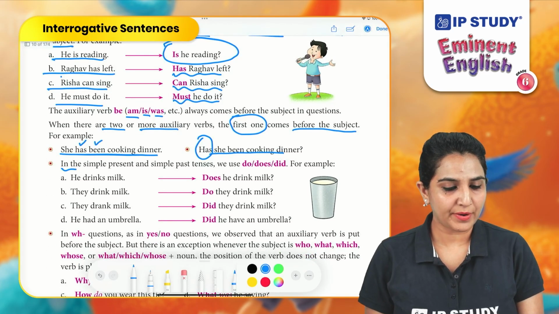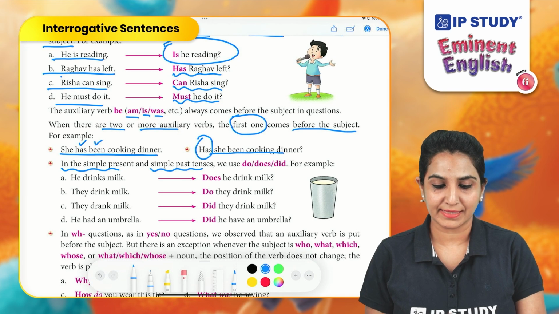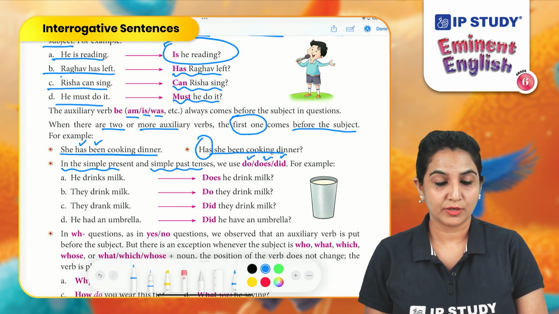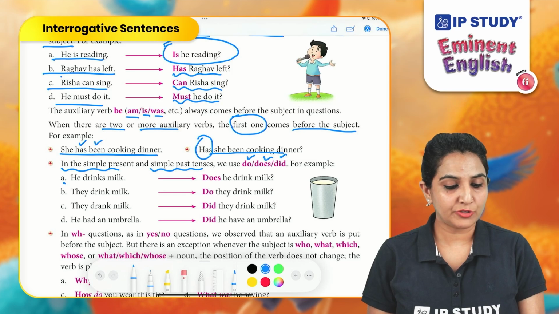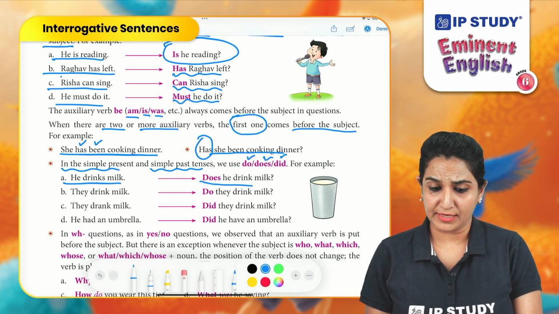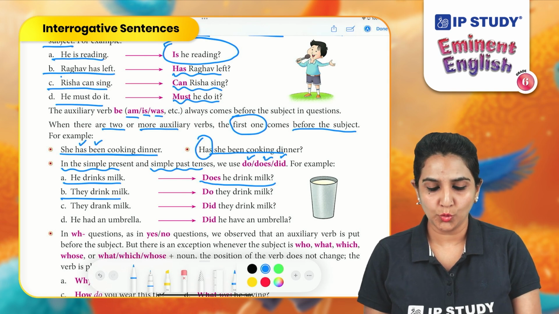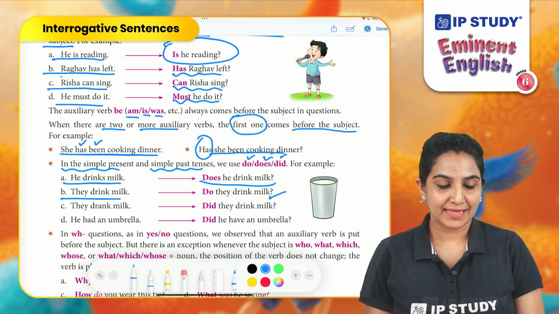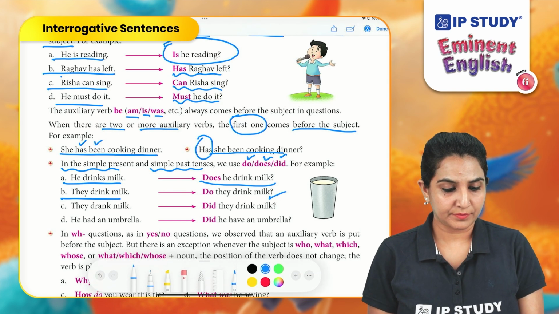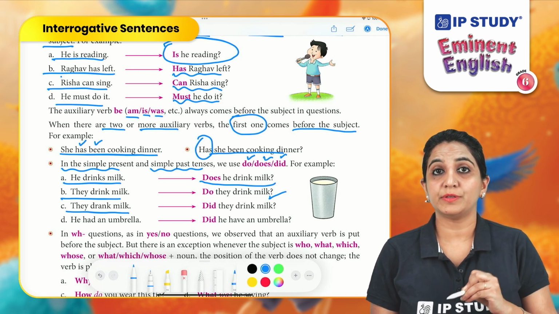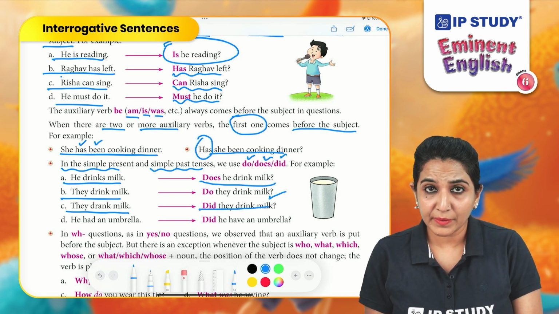In the simple present tense and simple past tense, we use do, does, did. For example, he drinks milk. Does he drink milk? They drink milk. Do they drink milk? They drank milk. Now this sentence is in past tense. The question will be, did they drink milk?